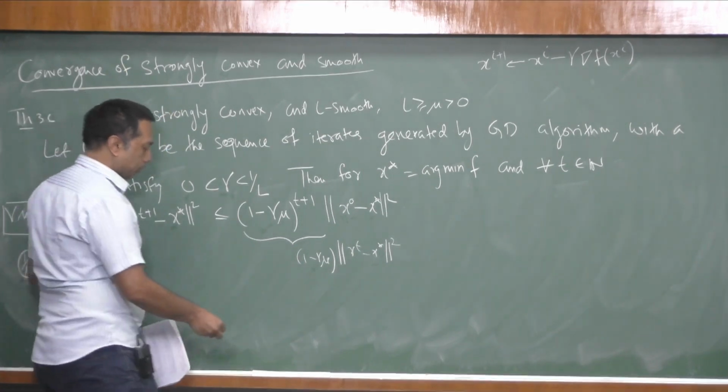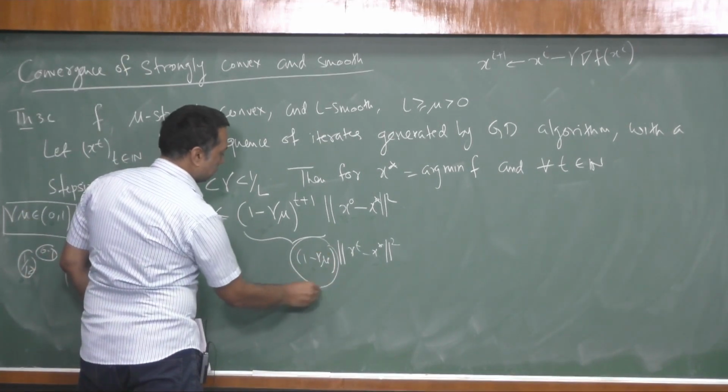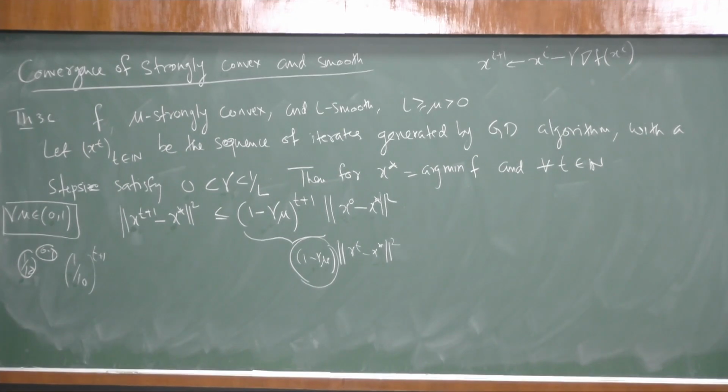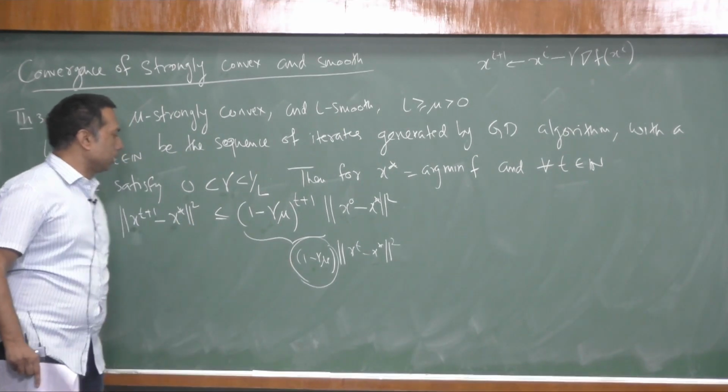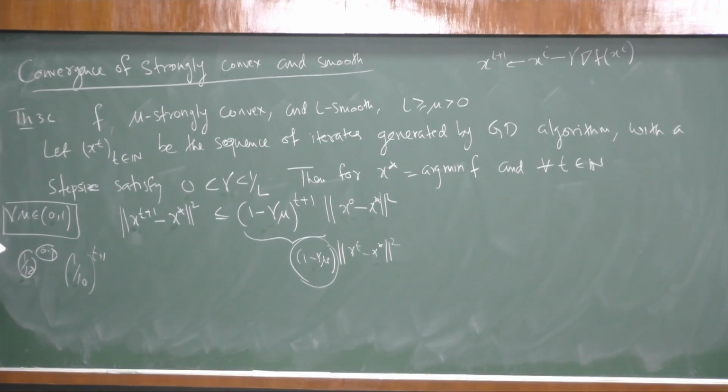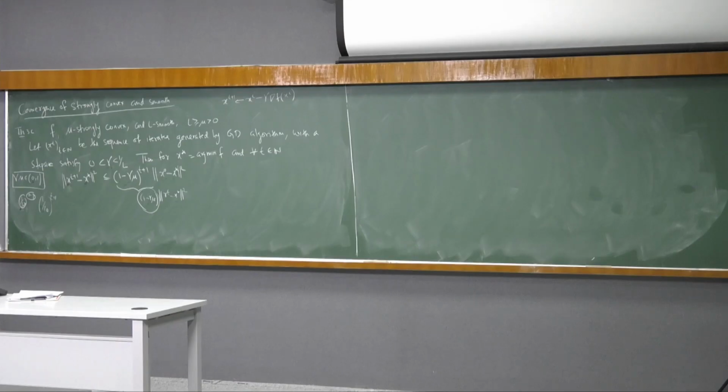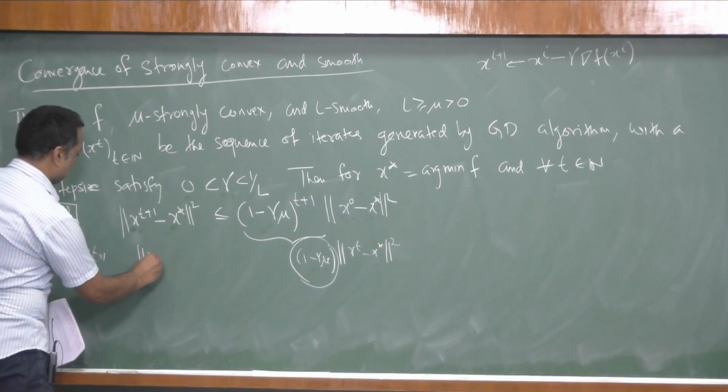With this argument, for this method the rate of convergence is 1 minus gamma mu, and it is a linear convergence because there is no power here. Okay, if I look at the relative, another way to say it is like this.